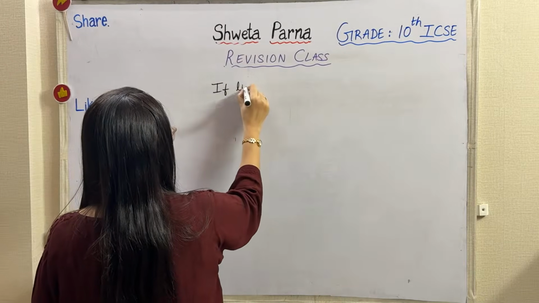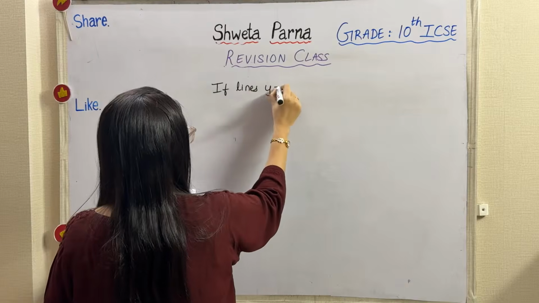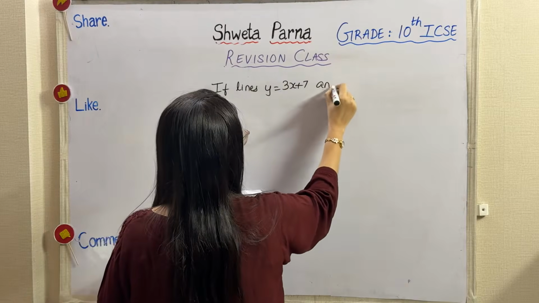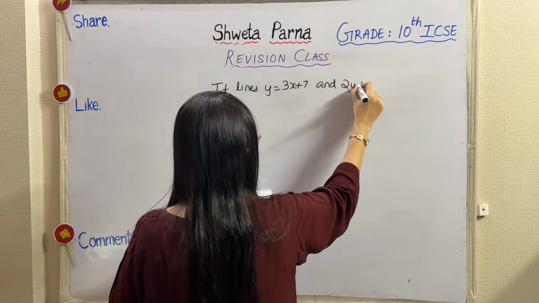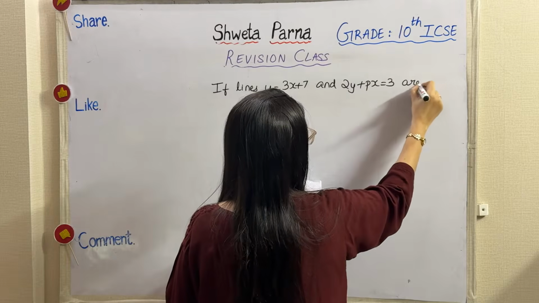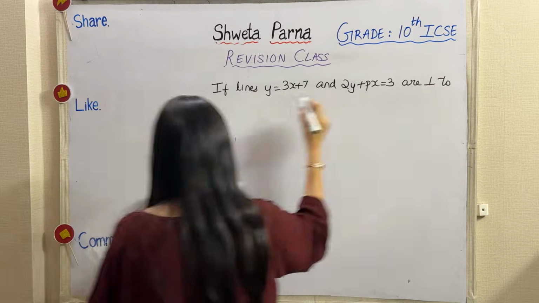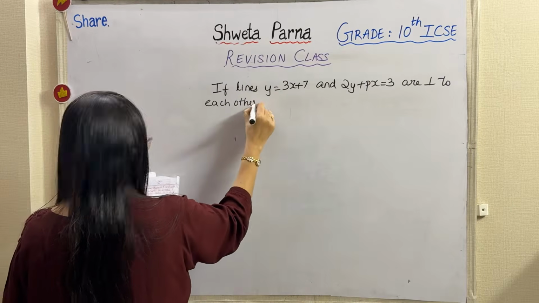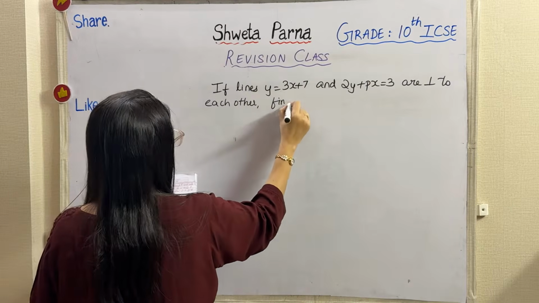If lines y is equal to 3x plus 7 and 2y plus px is equal to 3 are perpendicular to each other, find the value of p.